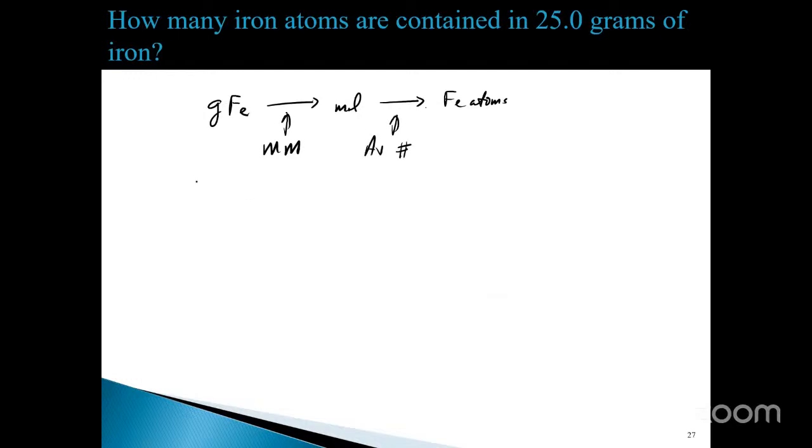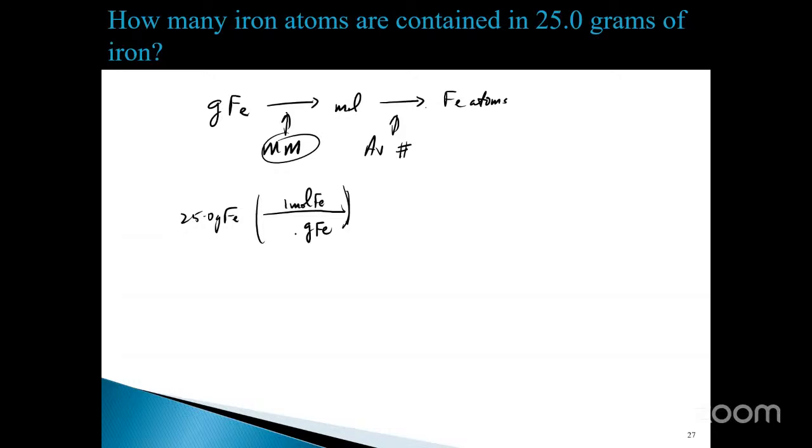So let me set this up: 25.0 grams of iron. Now to convert from grams to moles, as I said before, we'll be using the molar mass. The question is, how do we represent the molar mass here? The answer is that we put the gram value here and 1 mole above.